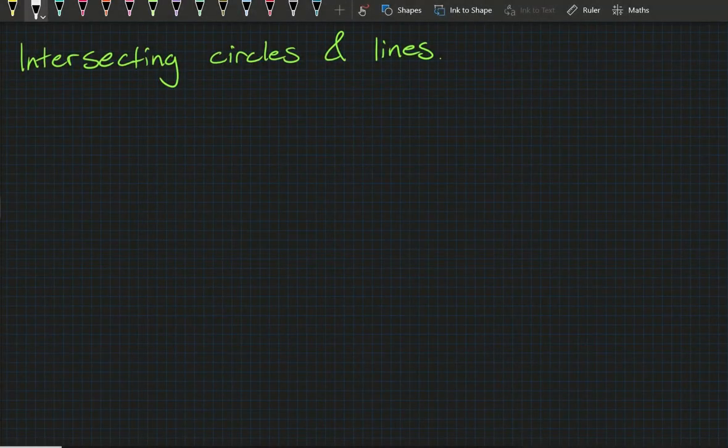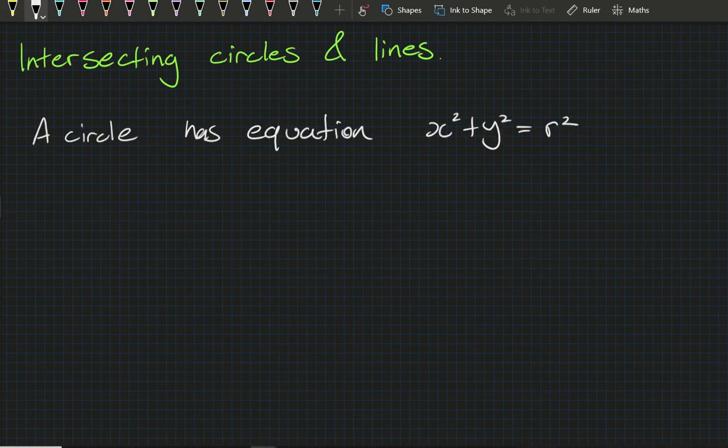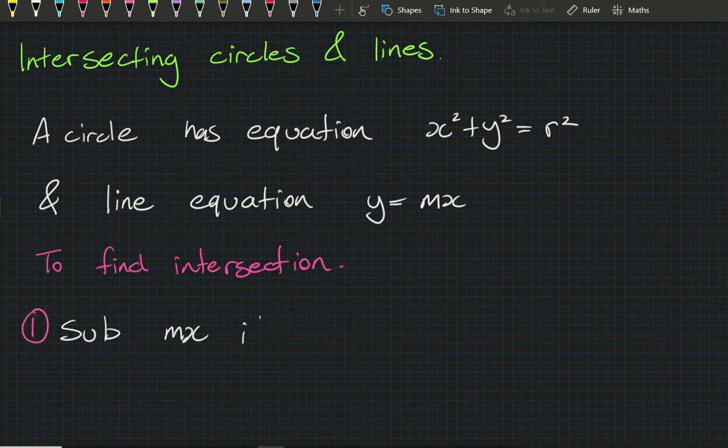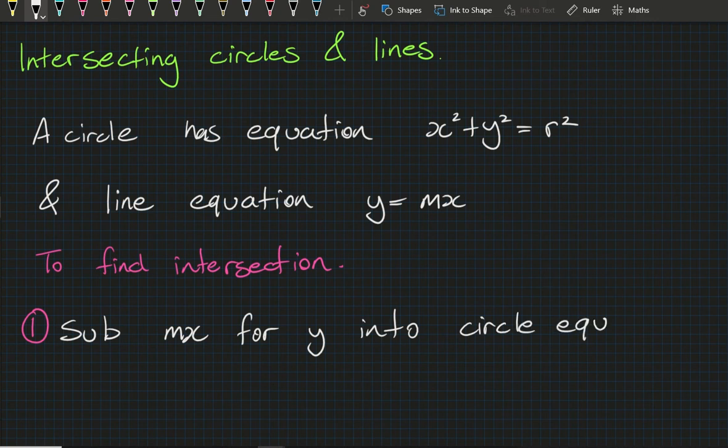So as we've covered many times in this lesson, a circle has the equation x squared plus y squared equals r squared. And we've covered many times throughout the year that a line has the equation y equals mx. So the way that we're going to find the intersection of a circle and a line is, step 1, sub mx for y into the circle equation.